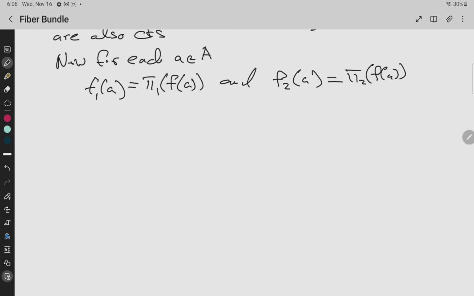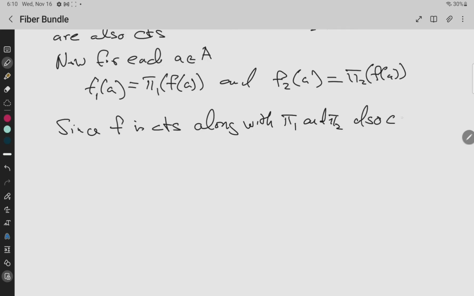Since the composites of continuous functions f and pi 1 and pi 2 are continuous again, f1 and f2 are both continuous functions. So that proves one way.